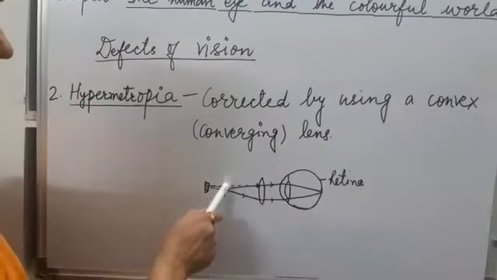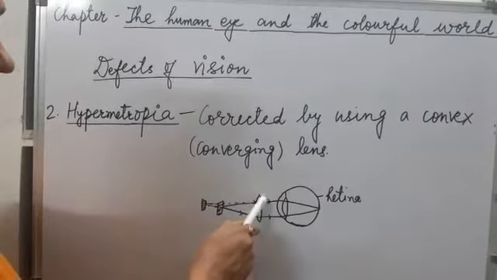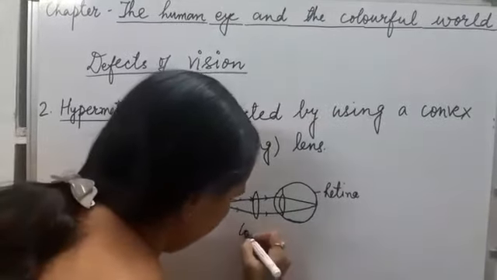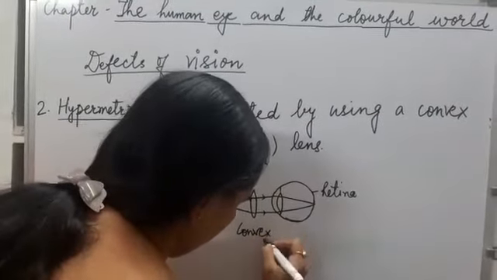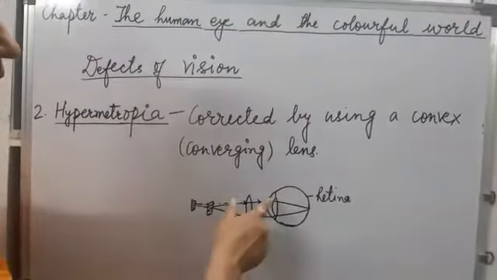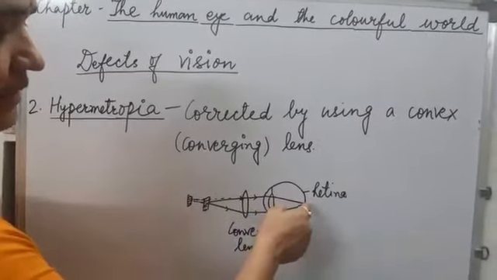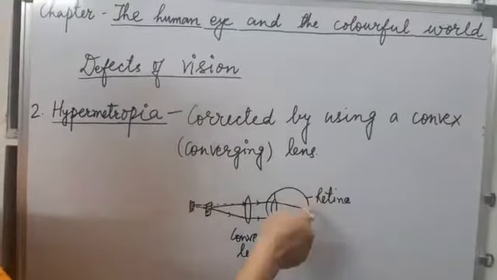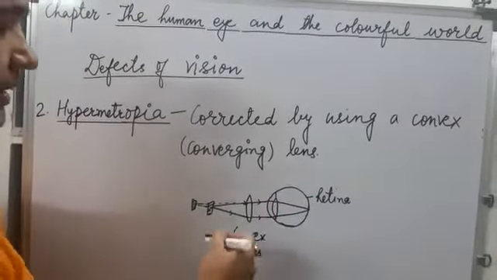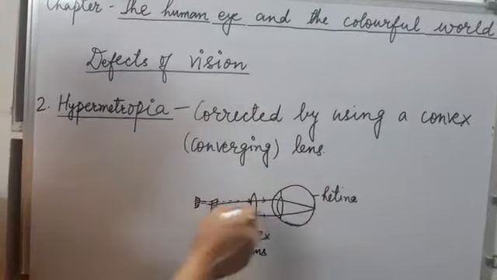Suppose this is an object and the incident rays, after being converged by this convex lens here, converge again by this eye lens, and these rays meet here on the retina, and the image is formed here on the retina, and the person is able to see the object clearly.